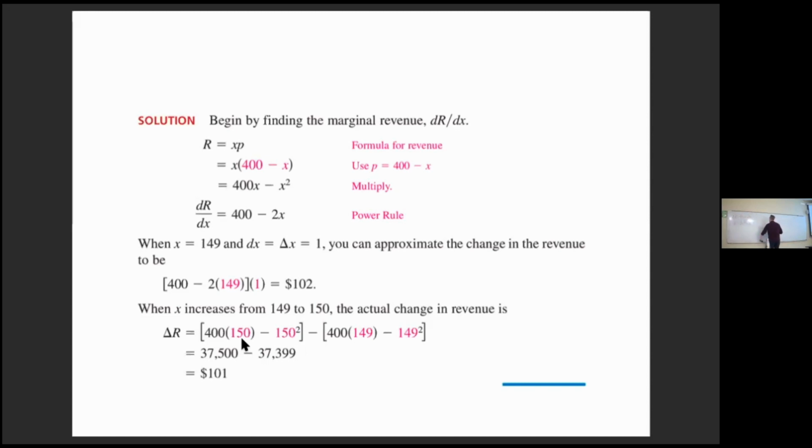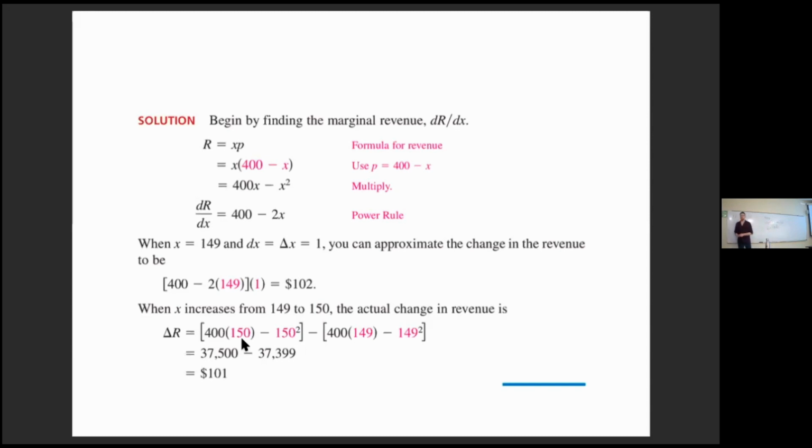Given that our function f of x is equal to y, the change in y is equal to f of x plus delta x minus f of x, and dy is equal to the derivative of your function times some differential of x. This is where all this started.